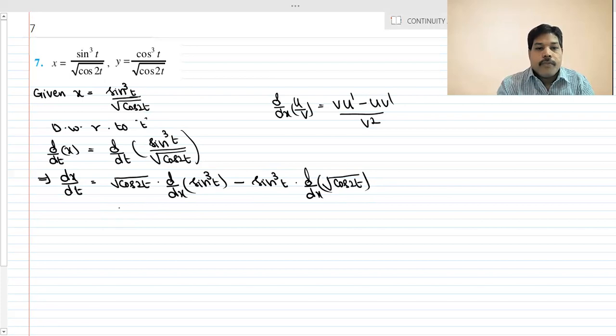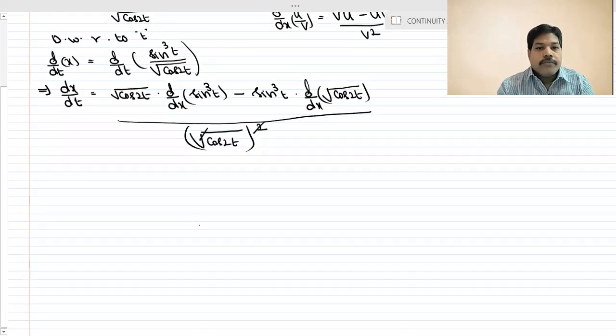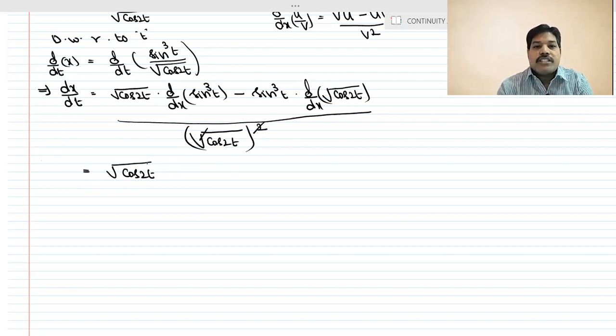whole by root cos 2t whole square. So what happens, the square and the root will be cancelled, so see that one. So that is equal to root cos 2t into derivative of sine cube t.